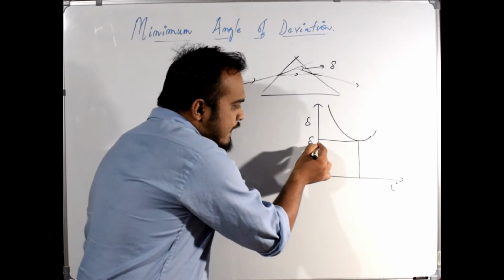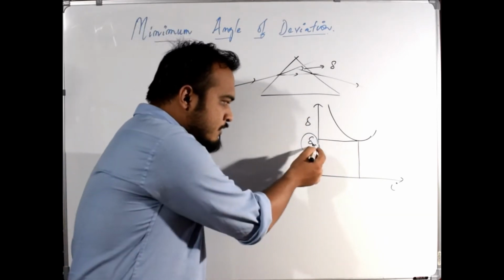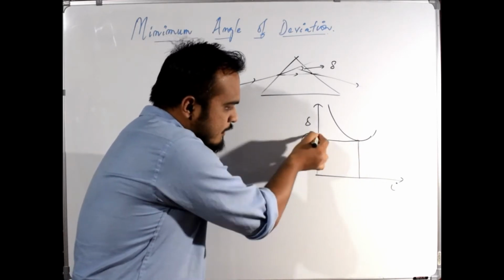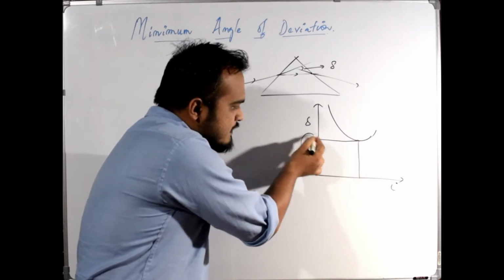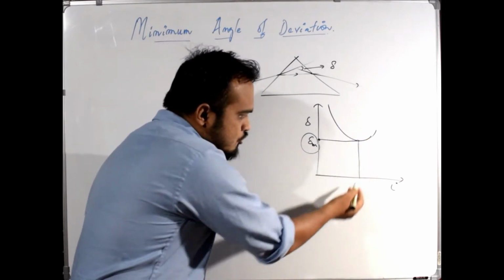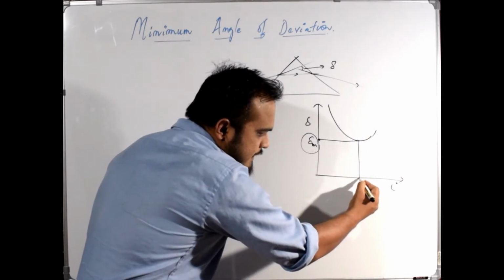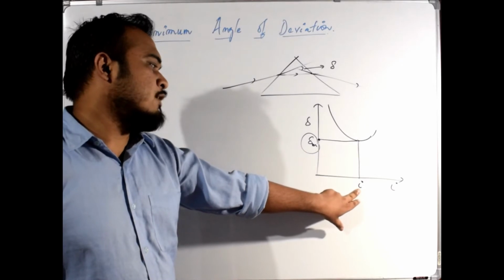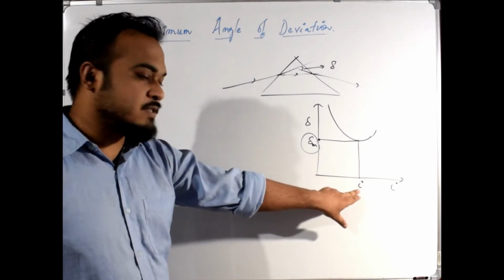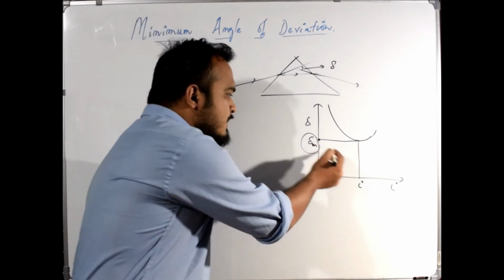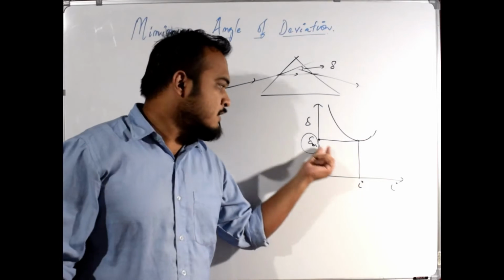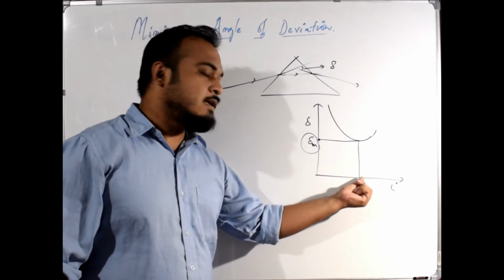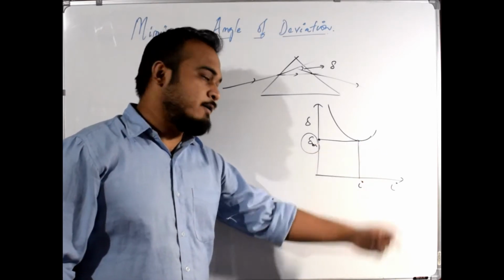The y-axis represents delta m at this point, and the x-axis represents the angle of incidence for this delta m at this point.